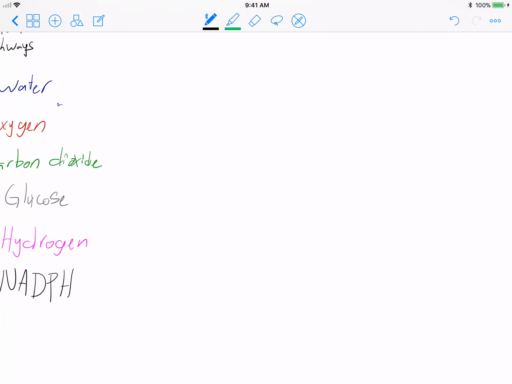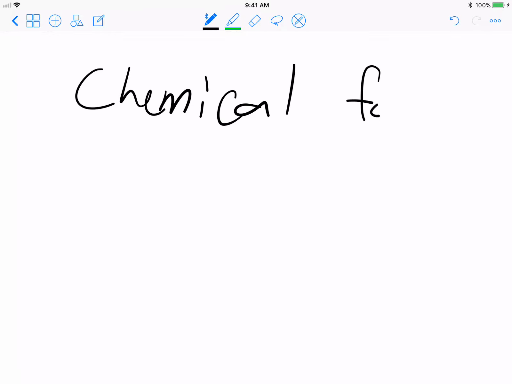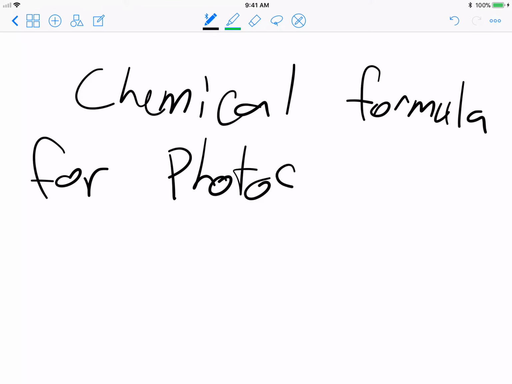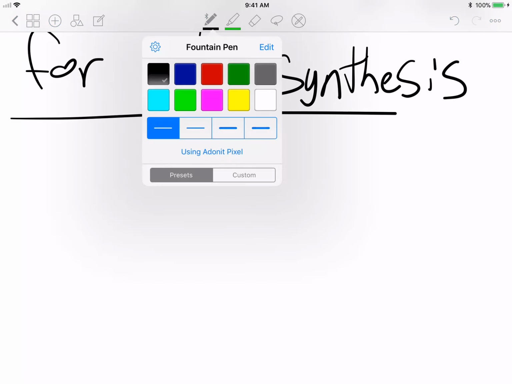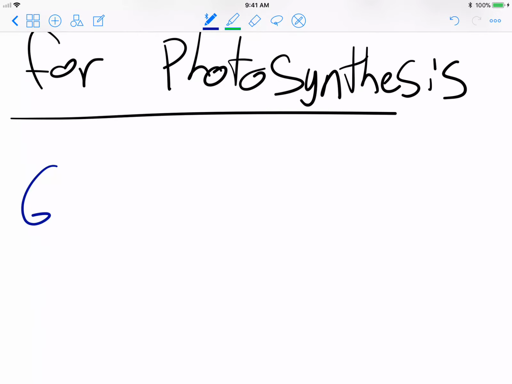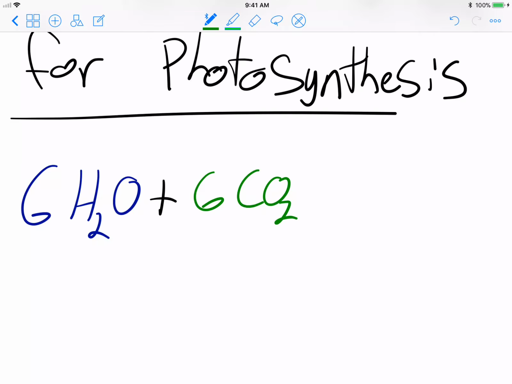So the first thing I said I wanted you to be able to understand is I wanted you to memorize the chemical formula for photosynthesis. And that chemical formula goes like this. First we have 6 H2O, or water molecules. They bond with 6 CO2 molecules.